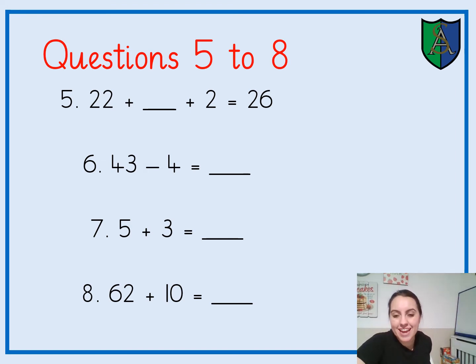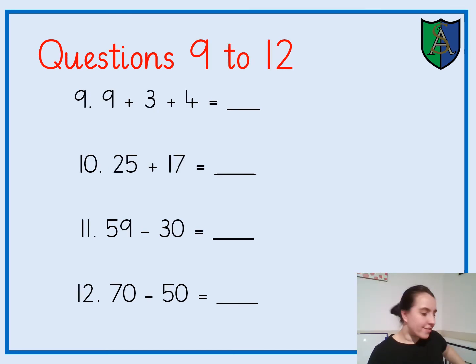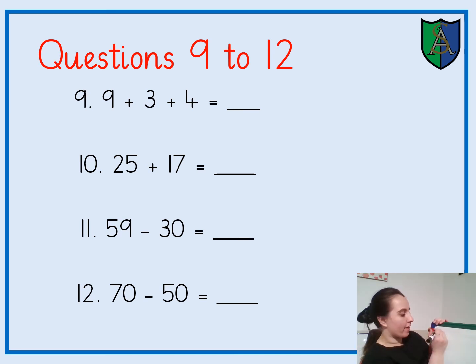Okay, let's move on to the next slide and do our next questions. We're now up to question number 9. In question number 9, we've got 3 different numbers that we need to add together: 9 add 3 add 4.